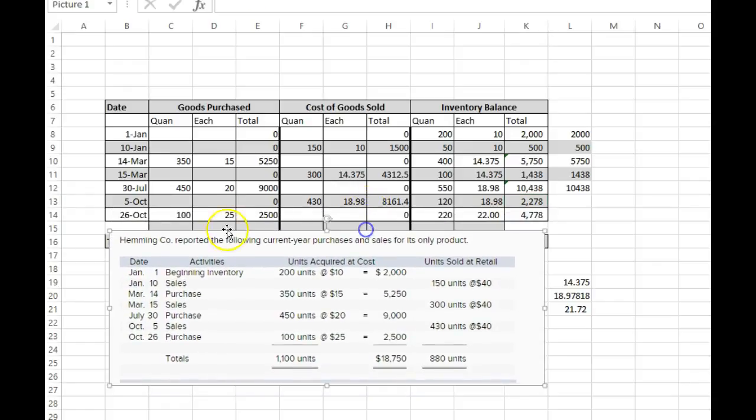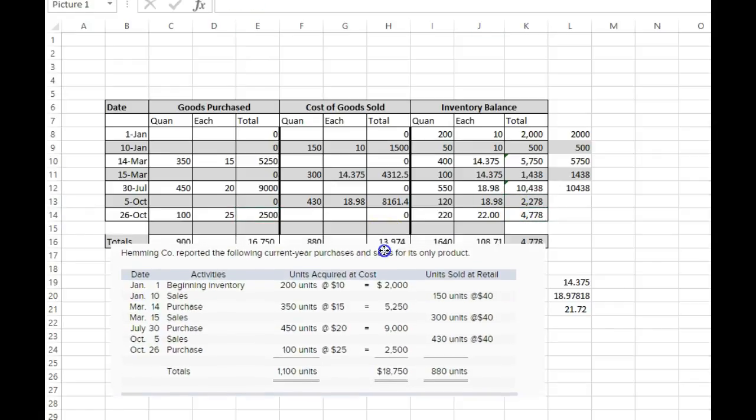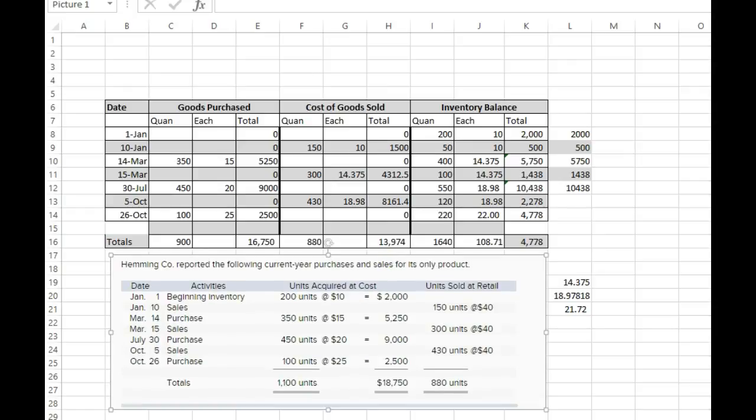So on this one, we've bought 100 more at 25, and we're going to add that 100 to the 120 to get 220. We'll add the 2,500 to the 2,278 and get 4,778 for the inventory total, and that gives us a cost of goods or merchandise sold of $13,974.